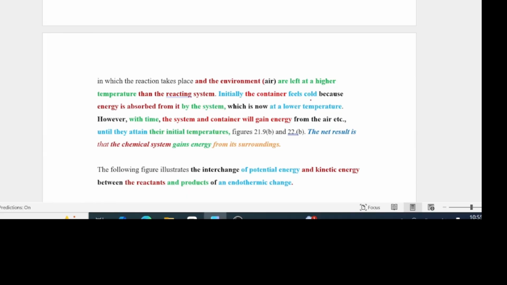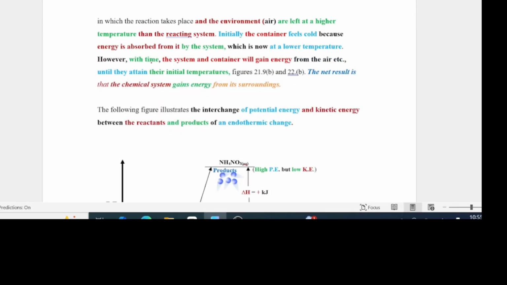Initially, the container feels cold because energy is absorbed from it by the system, which is now at a lower temperature. However, with time, the system and container will gain energy from the air, etc., until they attain their initial temperatures. The net result is that the chemical system gains energy from the surroundings.